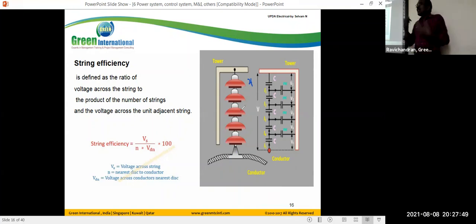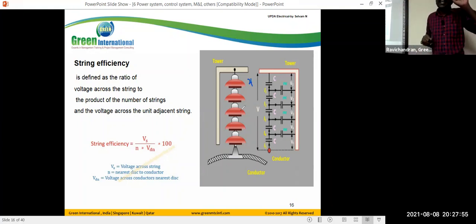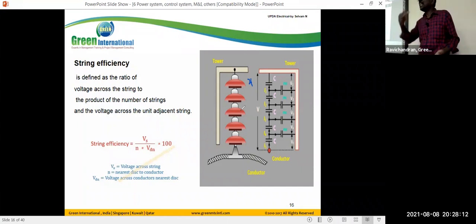So question number 1, we need to remember the formula. Question number 2, how to achieve 100% efficiency: we need to make all the discs, all the capacitors, more perfect and identical. Then only will we be able to get higher voltage and higher efficiency.